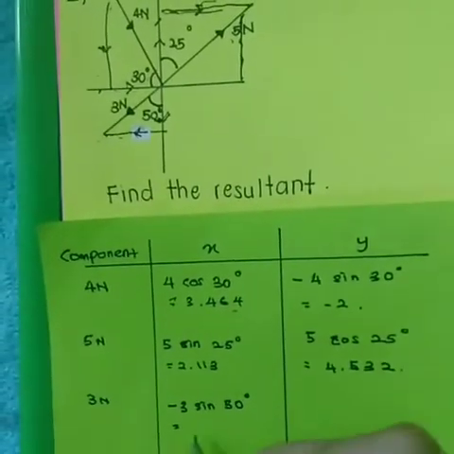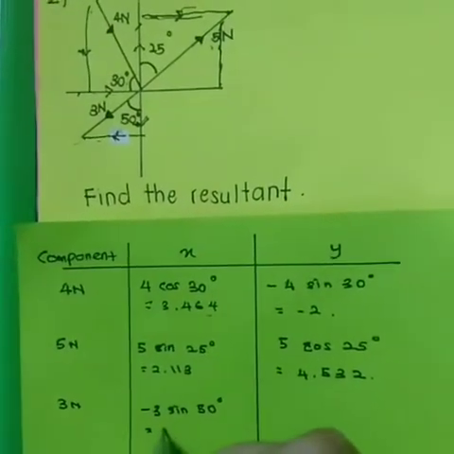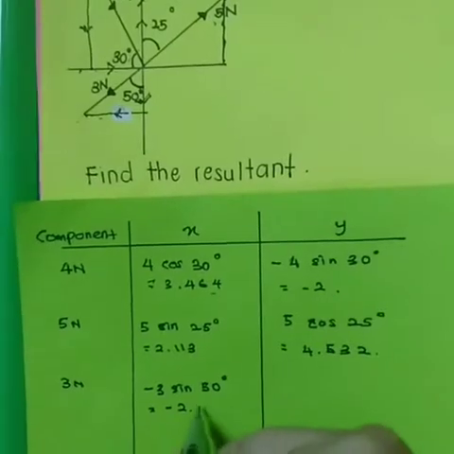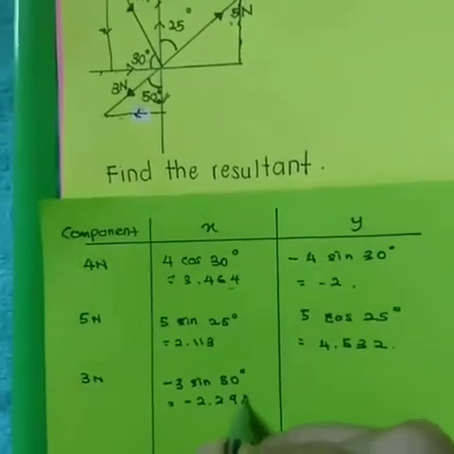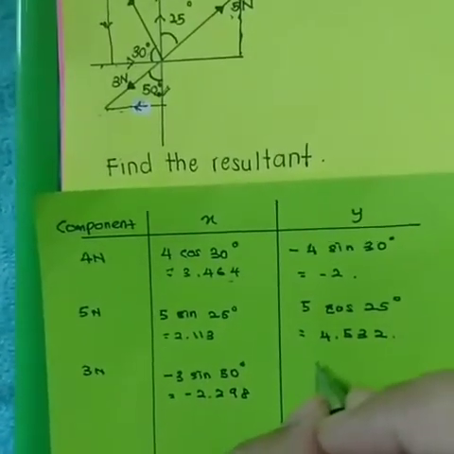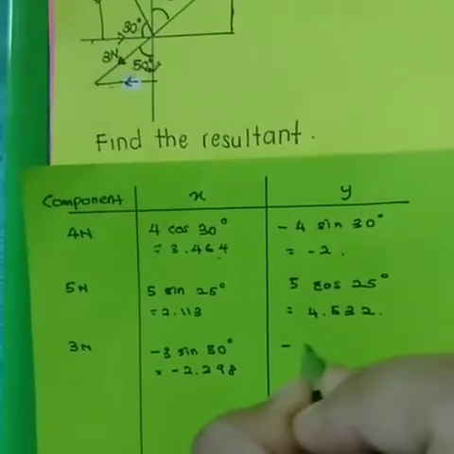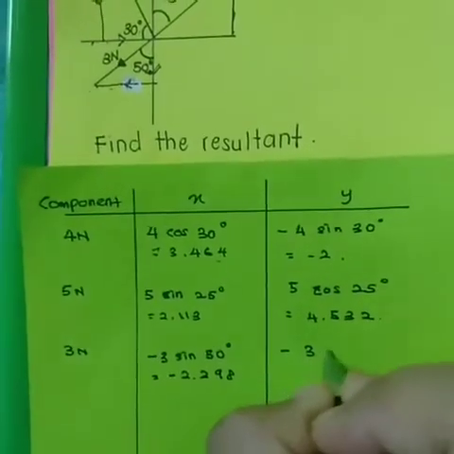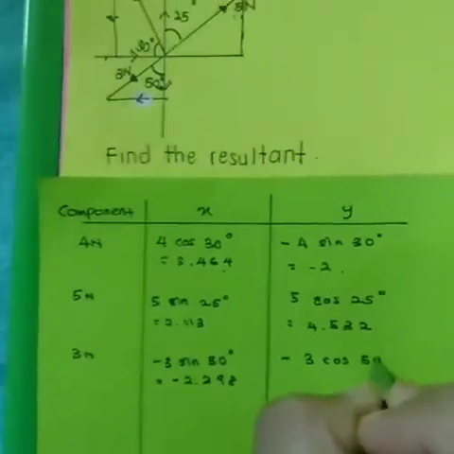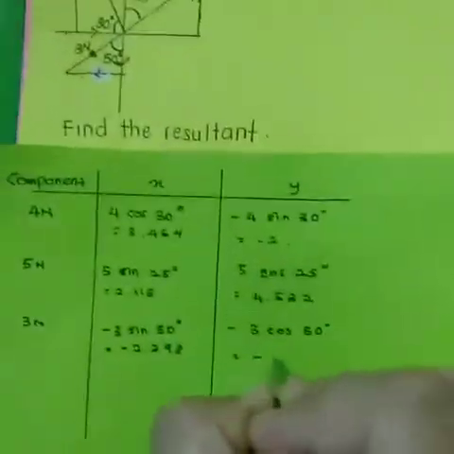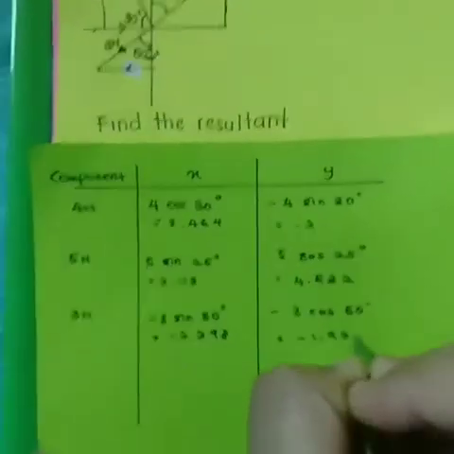So the answer is -2.298. So for the y-axis, which is downward too, we need to put -3 cos 50. So the answer is -1.928.